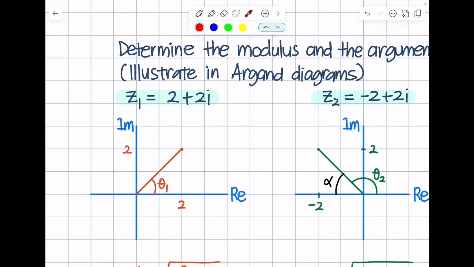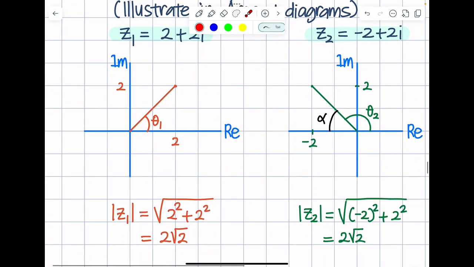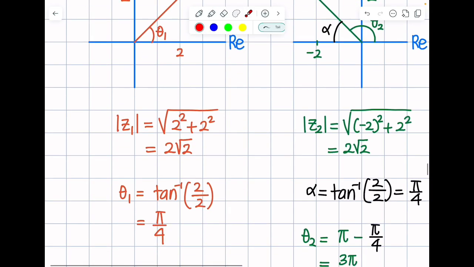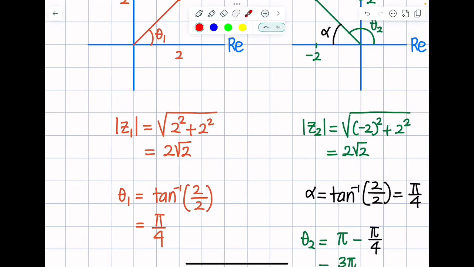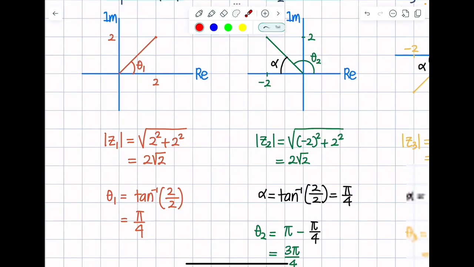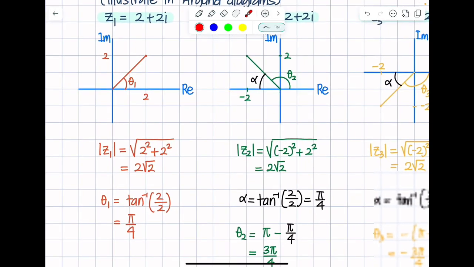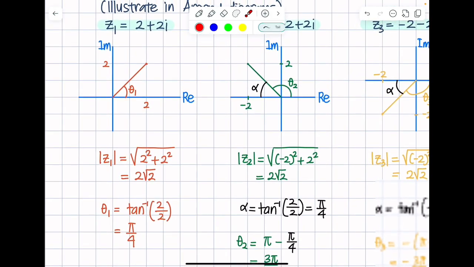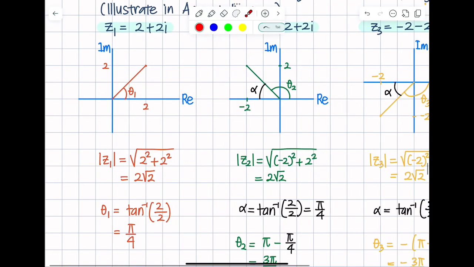To find the modulus of z, using the formula, square root of 2 squared plus 2 squared equals 2 root 2. Now how about the argument? The argument is tan inverse of 2 over 2 equals pi over 4. So this is the way to find the modulus and argument in the first quadrant. You can just insert tan inverse y over x.